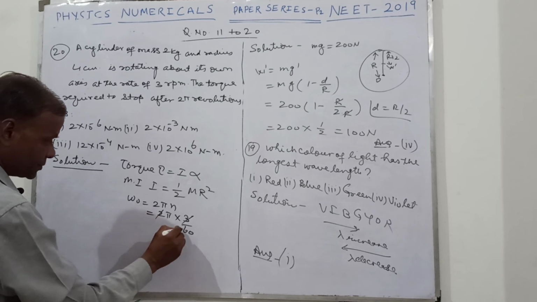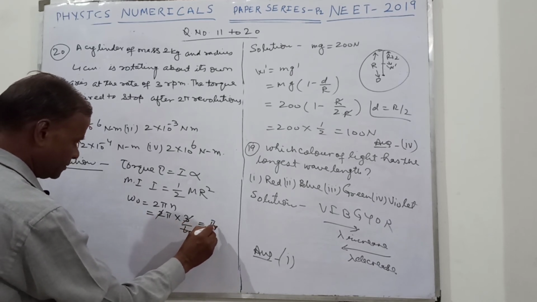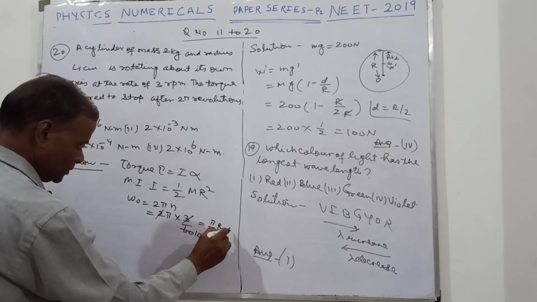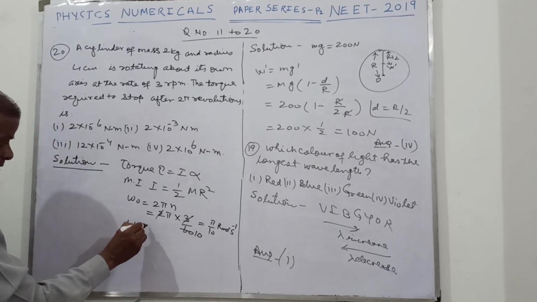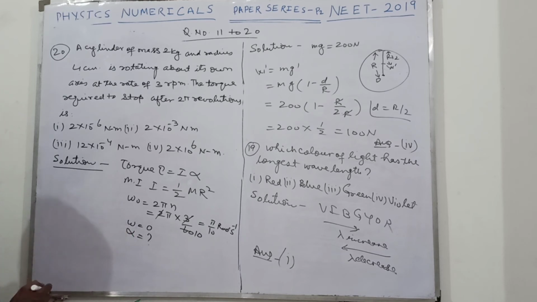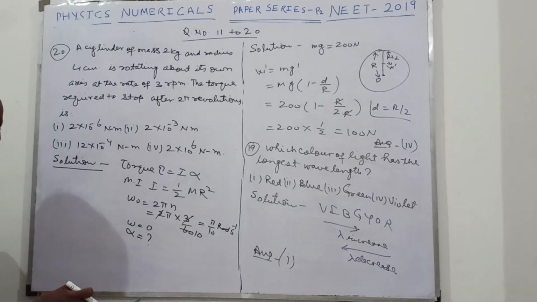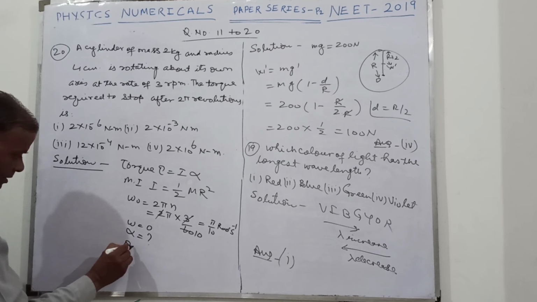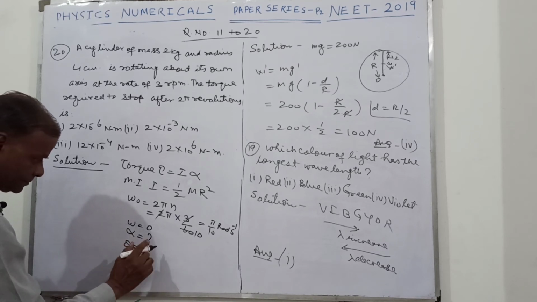This is now pi upon 10 radian per second. This is the initial speed. Now we want to stop it, so final is 0, and angular acceleration is to be found out. And this is given the 2 pi revolutions. This is the angular displacement. Theta is equal to 2 pi revolution.